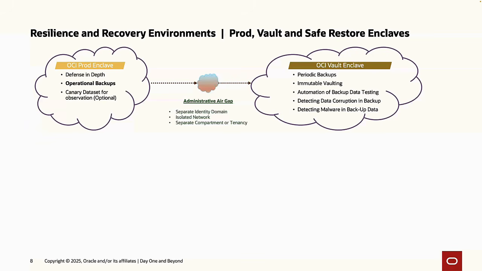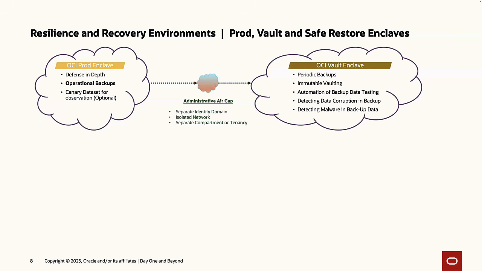And then also, an isolated network. So do the best you can in terms of isolating the network and making sure you have very strict rules for how data gets from the production enclave to the vault enclave. What's allowed over what ports, over what protocols, and that there's good, strong monitoring on that.